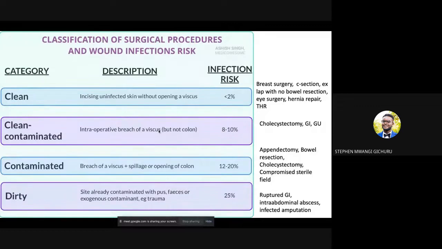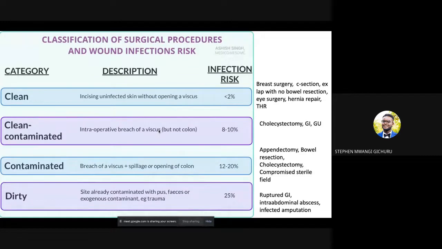The indication he talked about, a burst appendicitis, is more of a dirty wound, because in that case there's abscess, there's pus. But when you do an XLAP without any bowel involvement, again, you're not entering any hollow organ. So in a situation where there are just adhesions that you're clearing, and you're not touching any bowel, then that's a clean wound.